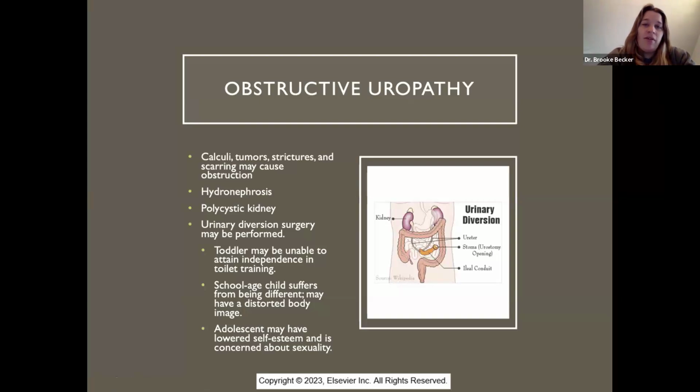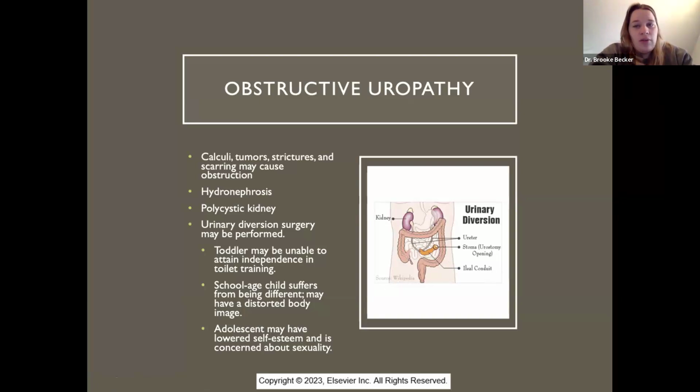Toddlers with an obstructive uropathy likely will not be able to be toilet trained, especially if they wind up having a stoma or urostomy placed. Then obviously they're not going to be able to toilet train like everyone else.